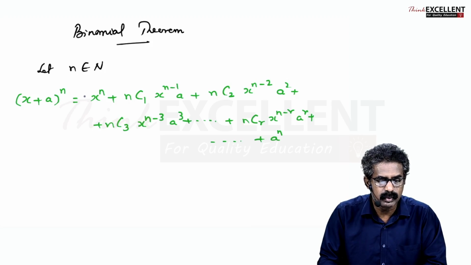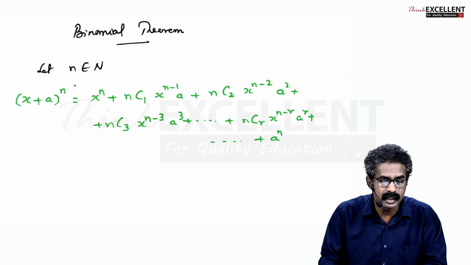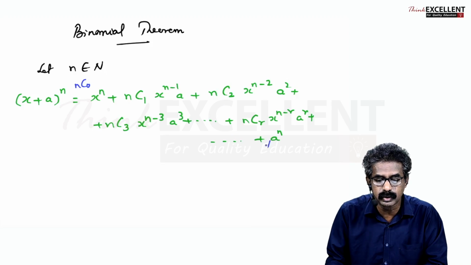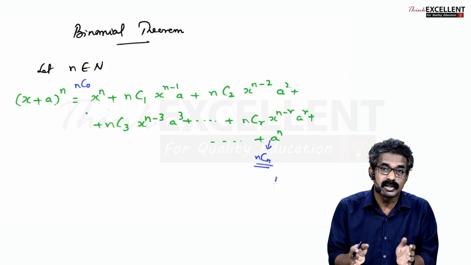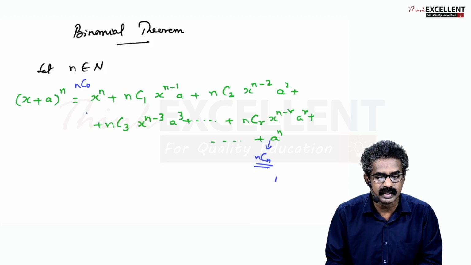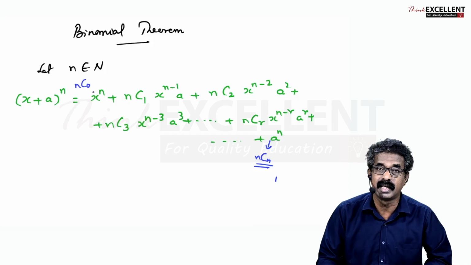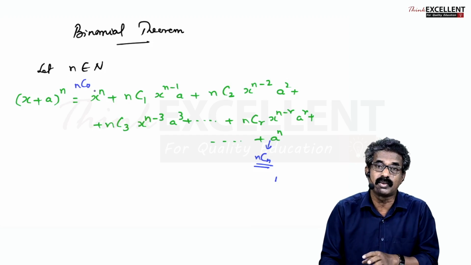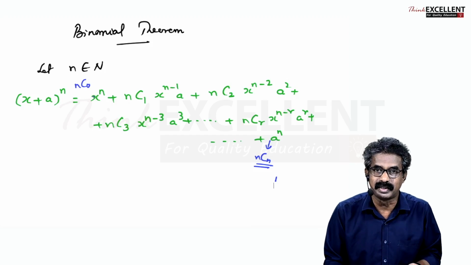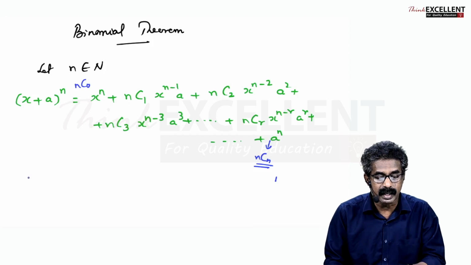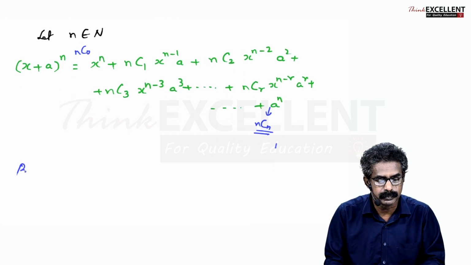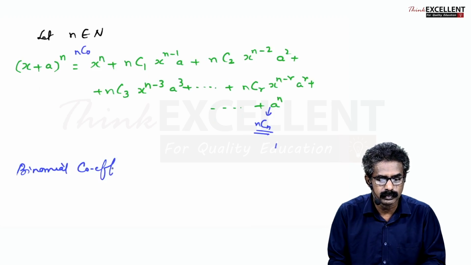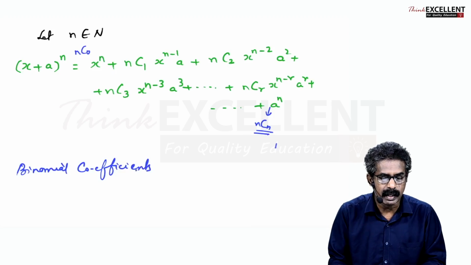Okay, so listen, how can you remember it? Actually the first coefficient we have written 1. Actually it is nC0. nC0, nC1, nC2, etc. Finally it should be nCn. But you know nCn is equal to 1, nC0 is also 1, right? So I left that one. nC0, nC1, etc., nCn. These are the coefficients. So these coefficients we call binomial coefficients.